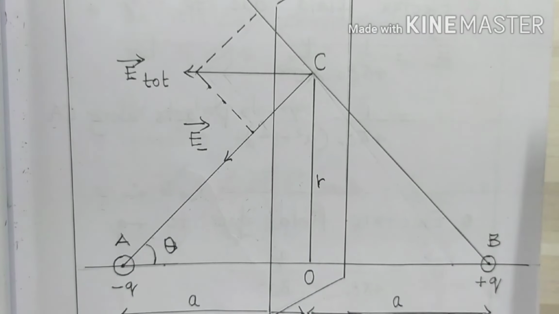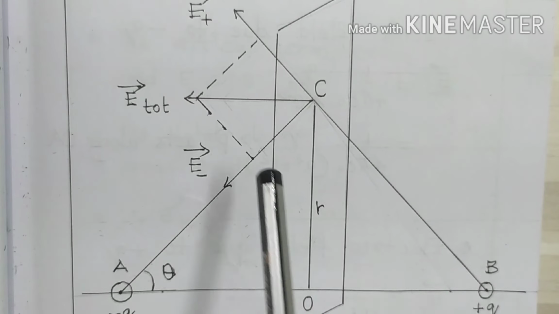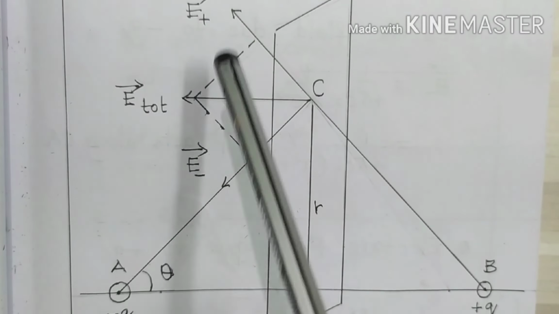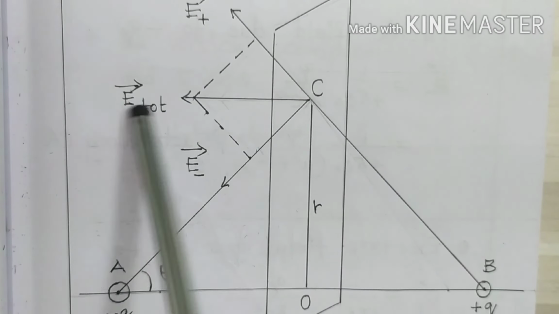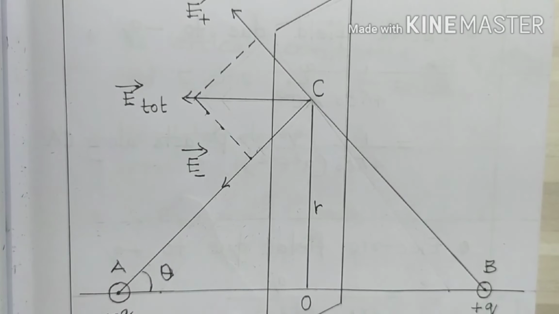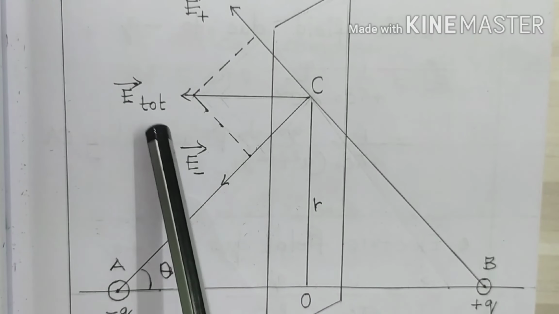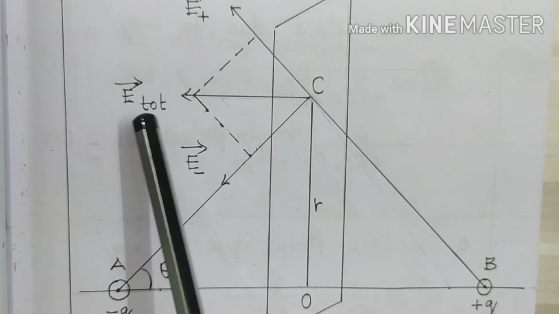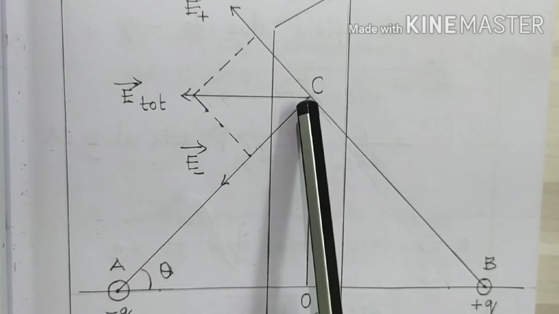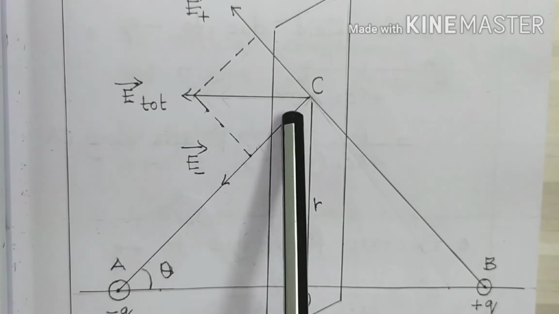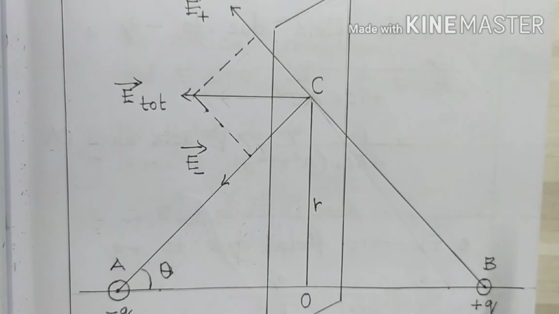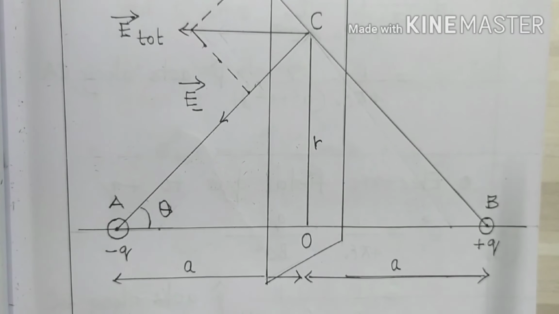So the resultant electric field is in between E plus and E minus, that is in this direction. Another important thing is that the total electric field has this direction. Now what is the direction of the dipole moment?